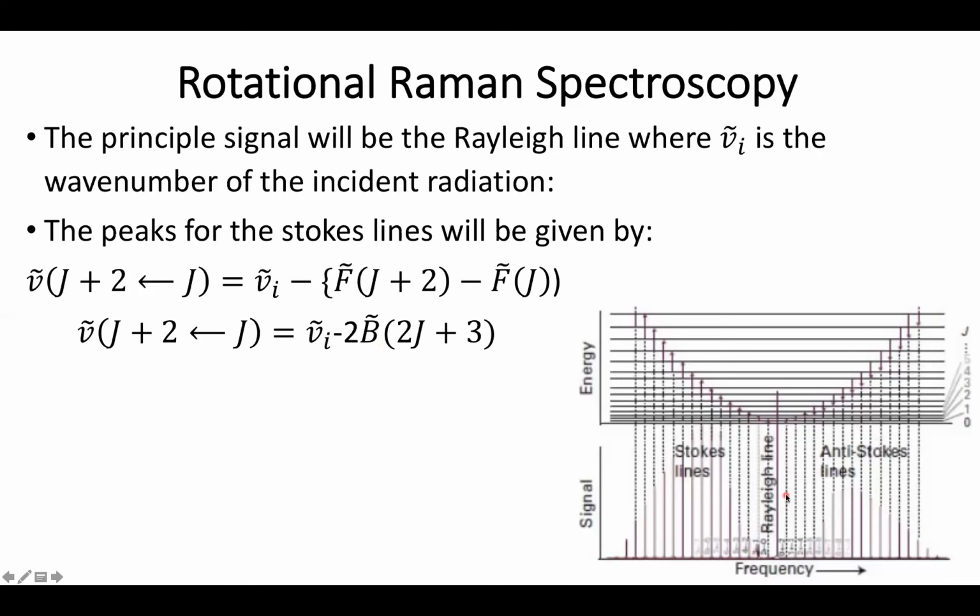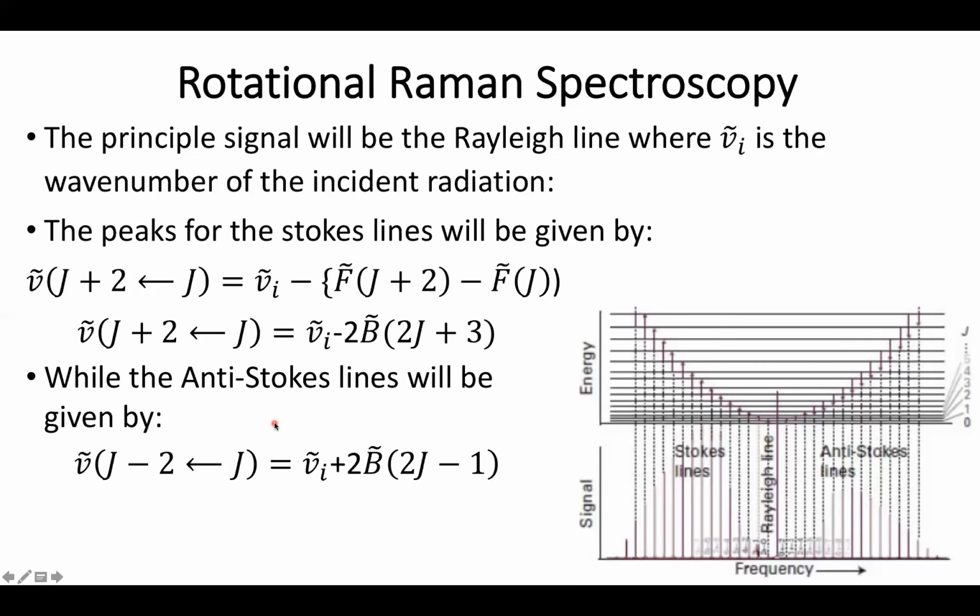However, we have a whole other set of peaks that we are often concerned with, and these are anti-Stokes lines, and they'll be given by a similar expression, which will focus on a similar phenomenon: the energy difference between my initial J state and the J state two quantum levels lower.